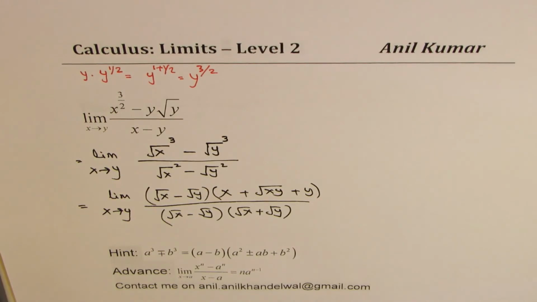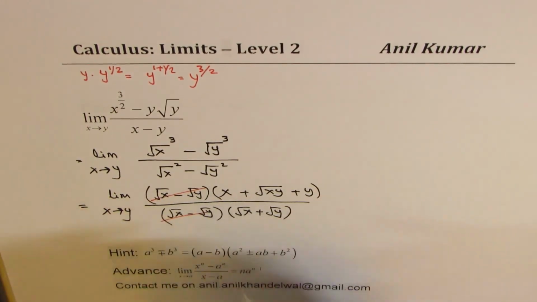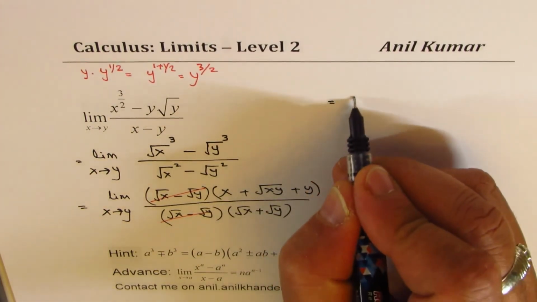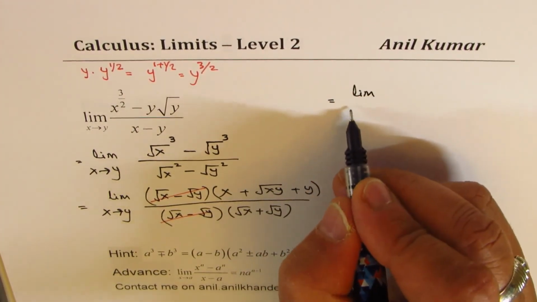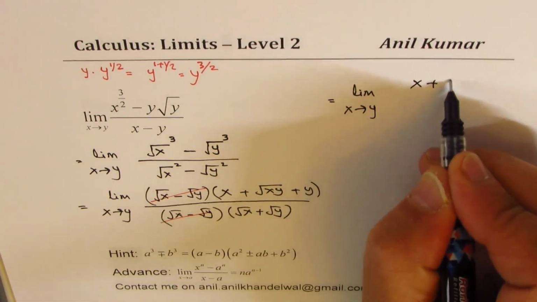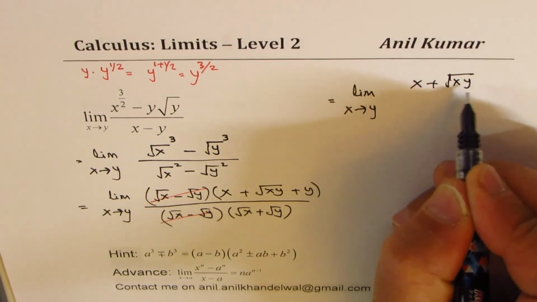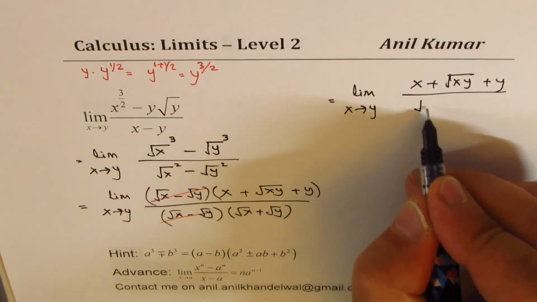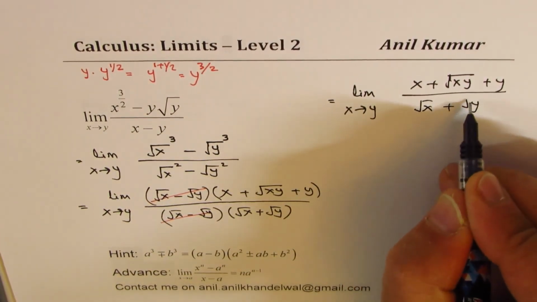Correct? So I hope by now you are an expert on this method. So that results into writing this equation as limit x approaches y for x plus square root of xy plus y divided by square root of x plus square root of y.